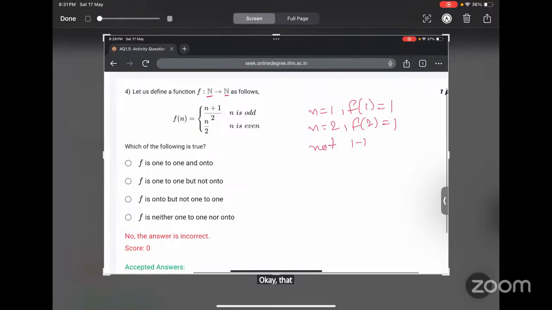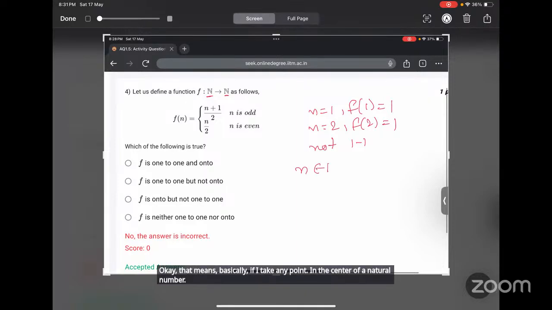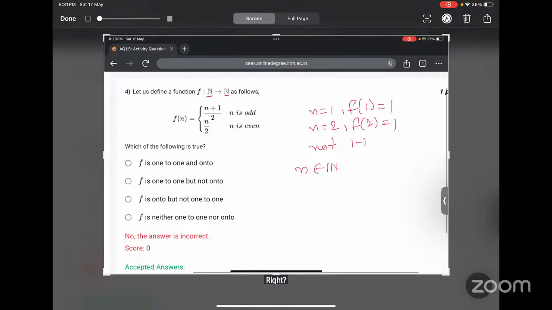Basically if I take any point in the set of all natural numbers, suppose n belongs to natural numbers, we can define what the pre-image of that number can be, right? Yes, ma'am. For any n in the codomain, except 0, there are two pre-images in the domain, which can be expressed like this: 2n plus 1 and twice n. These are the two pre-images.